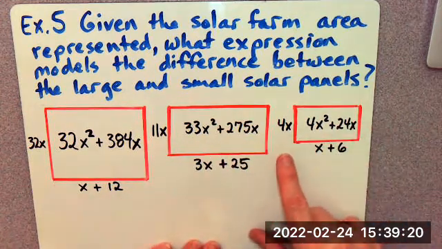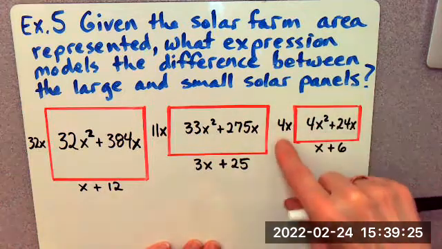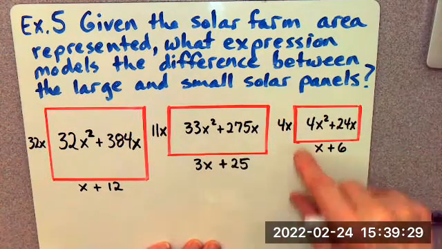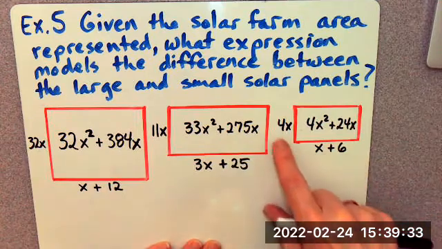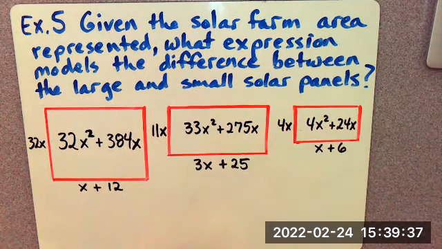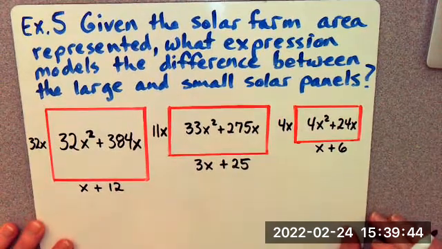And the same with the small solar panels. So if I don't know what x is, and I've got my width as 4x, and my length is x plus 6. When I multiply length times width, I get 4x squared plus 24x. So now we need to know, well, what's the difference in area between the big and the small?